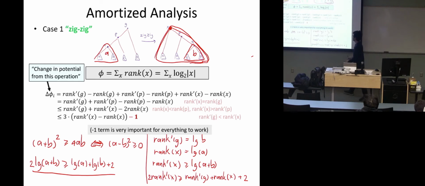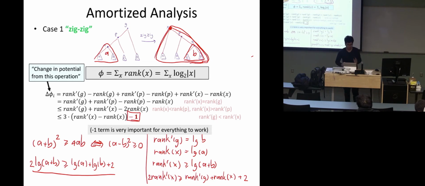Basically write it in such a way that this whole thing minus this thing is at least 0. Add it into this, rank prime of G and rank prime of G will cancel, and you get this thing. I think you even get minus 2 here. So the point is that you do some calculation and you get this.